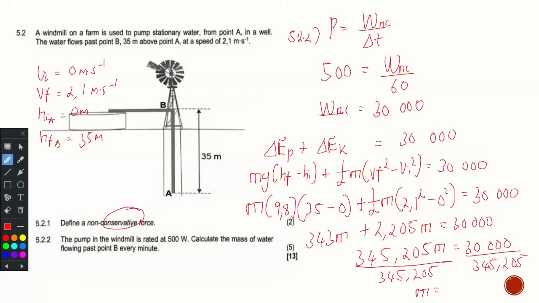It's simply 30,000 divided by that. So it's going to be 86.90 kg, rounded off to 2 decimal places, right? So 86.90 kg. And that's basically how you were supposed to calculate that.